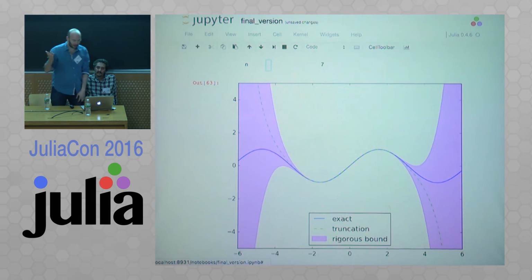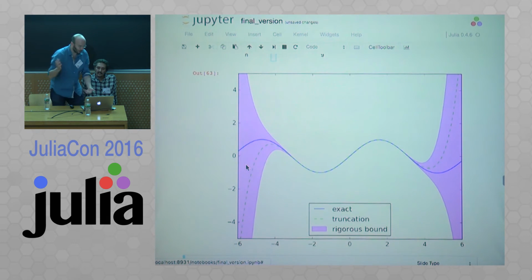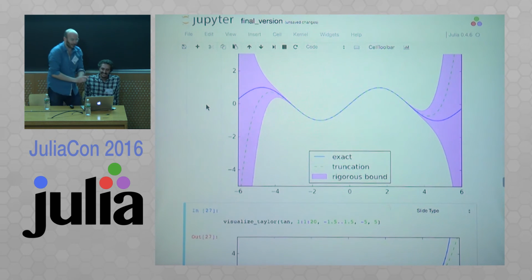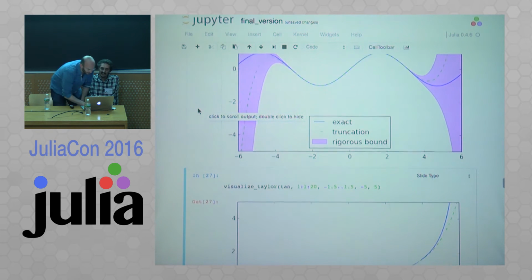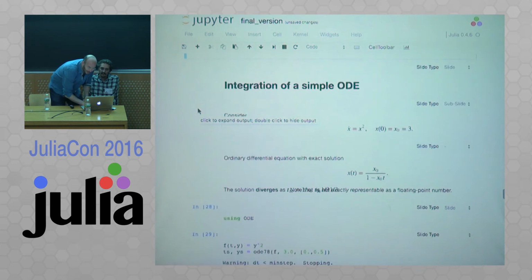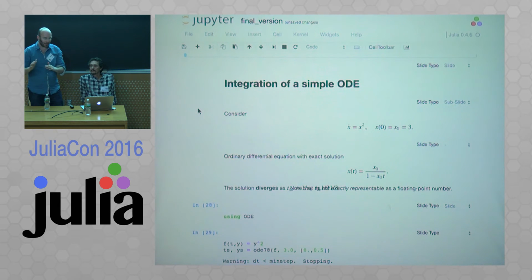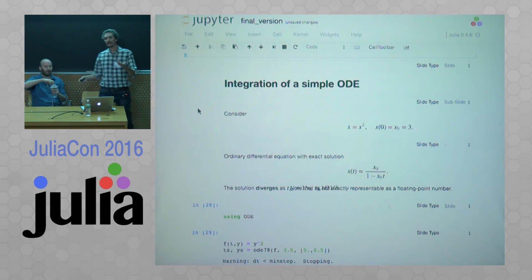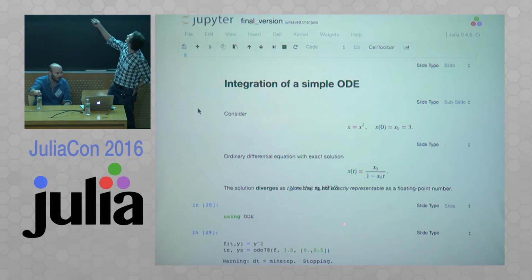And with interact, thanks to Shashi who helped me the other day to fix my interact, you get this nice visualization. Okay, so that's the basic idea of the interaction between Taylor series and validated numerics. So now we will show that you sometimes have to be careful when you're integrating equations of motion.